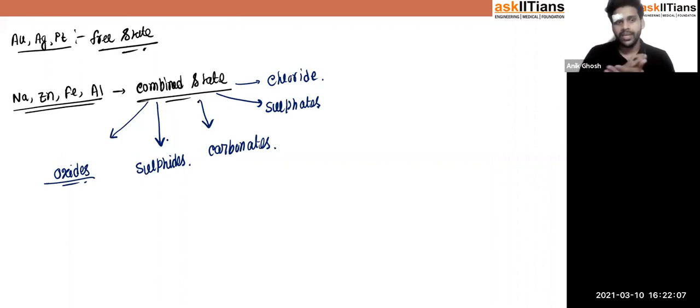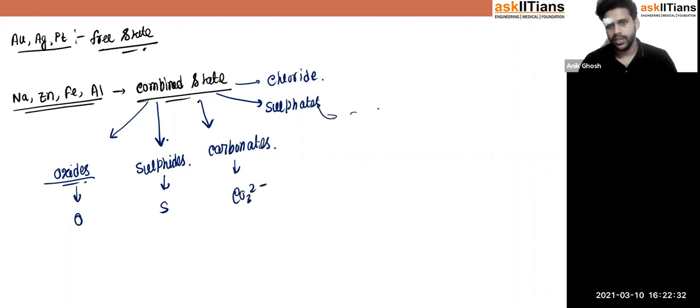So either they are in the oxide state, or in the chloride state, or they are reacting to form sulfates and so on. I'm going to explain this in detail, right? Now think about it. I think you know all the anions here. Oxide is from oxygen, sulfide from sulfur, carbonate is CO3 2 minus, sulfate is SO4 2 minus, chloride is Cl minus.